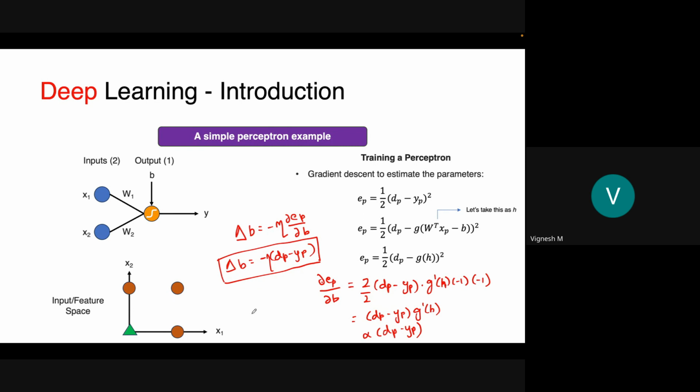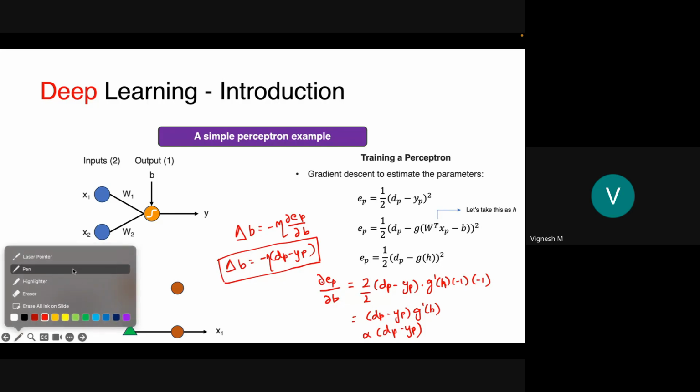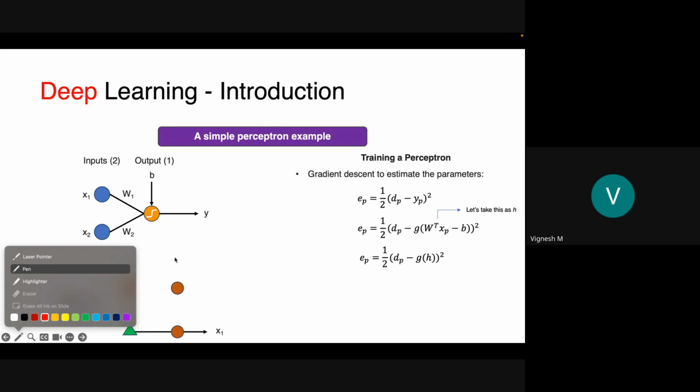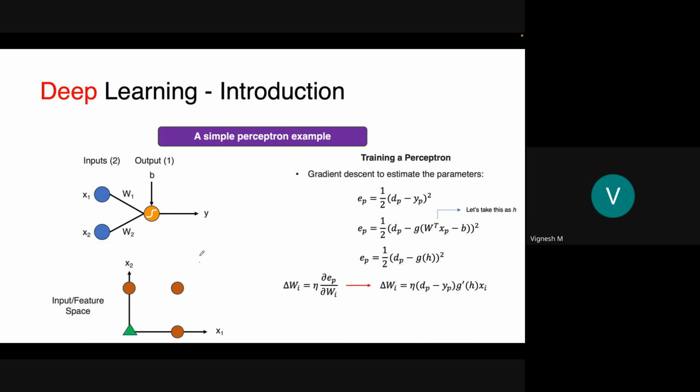Is this clear? So that error has now been propagated back through the network, and we have now estimated our parameters, our weights and our biases. That's what we were deriving.